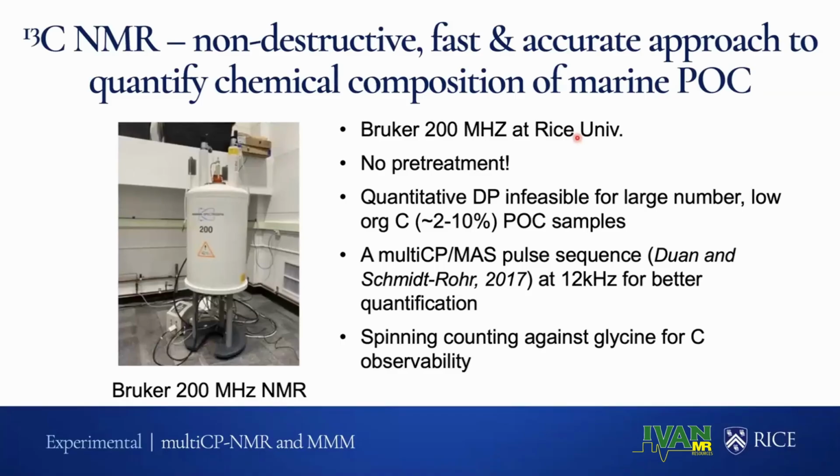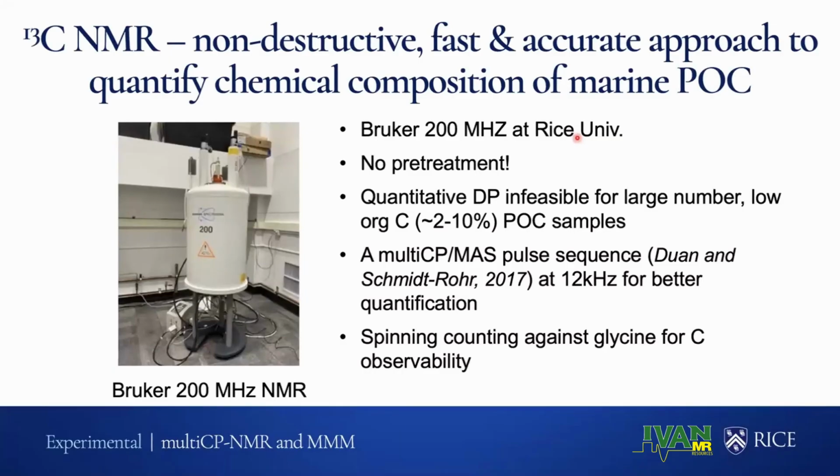Also, NMR is a non-destructive technique. No treatment is needed. This is especially valuable for the POC samples because we have so little sample material available. Sometimes we do not have enough material to fill the 4 mm rotor, and we have to use a spacer.